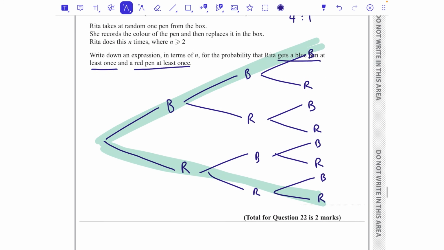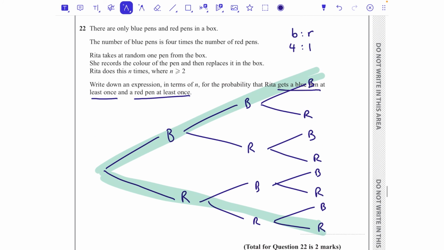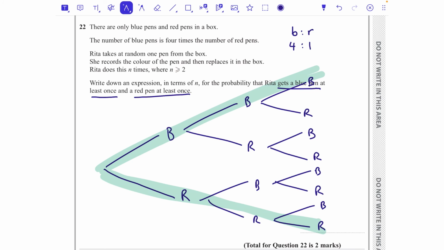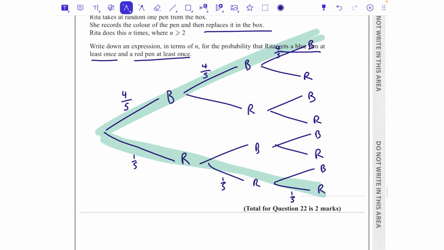Now we know that probability adds up to 1. I also know that the probability of blue is 4 out of 5, and we're putting that pen back, we're replacing it, so that's going to stay 4 out of 5, and that's going to stay 4 out of 5. Red is 1 out of 5, and 1 out of 5, and 1 out of 5. So however many times she does it, which we know is n, it's going to be 4/5 times 4/5 times 4/5. So that's going to be to the power of n.